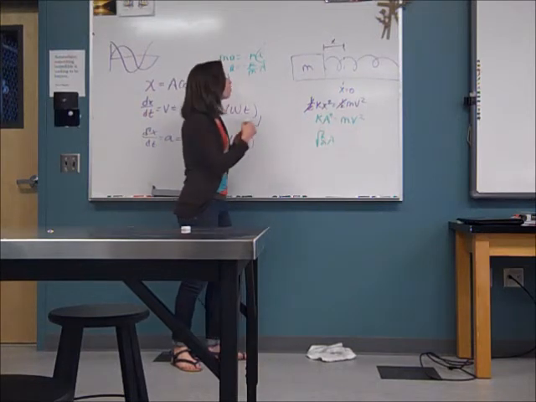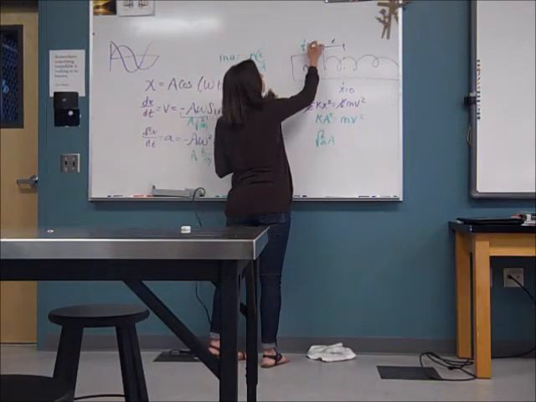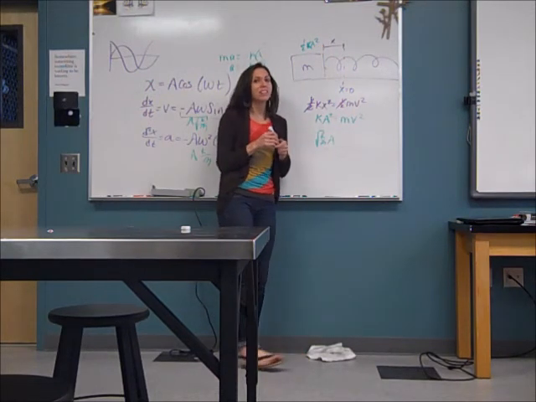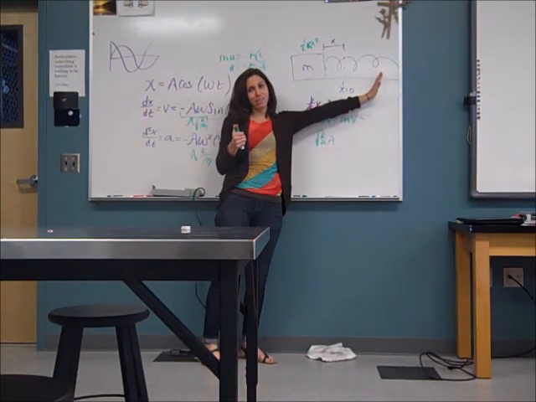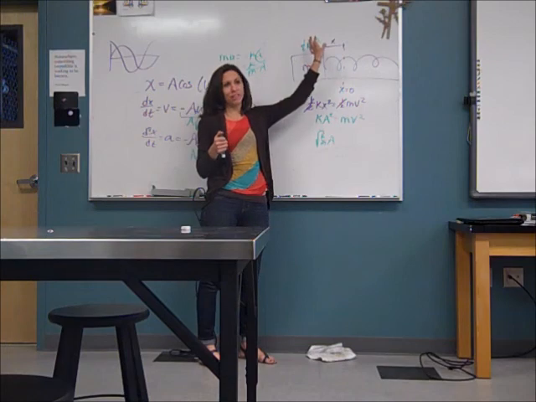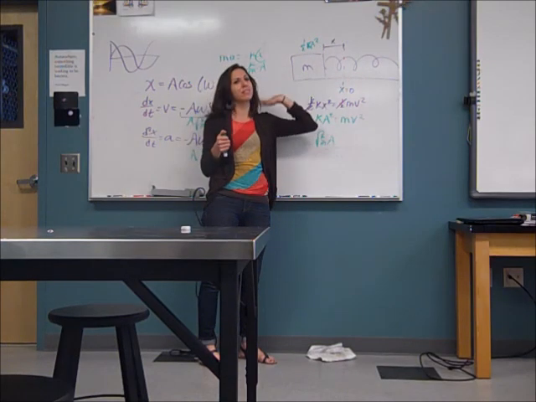So you start out with this 1/2 kA squared, and that turns into some combination of potential and kinetic between here and here. But this is the total amount of energy of the system throughout the entire oscillation back and forth.